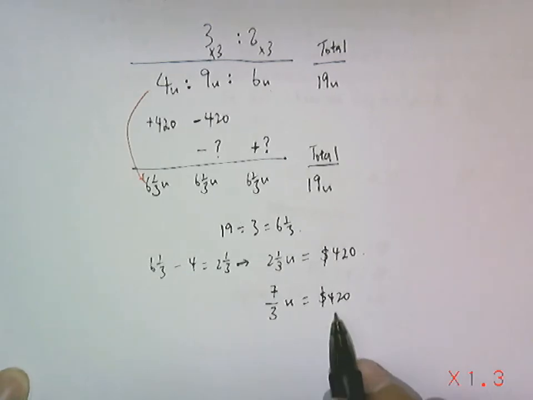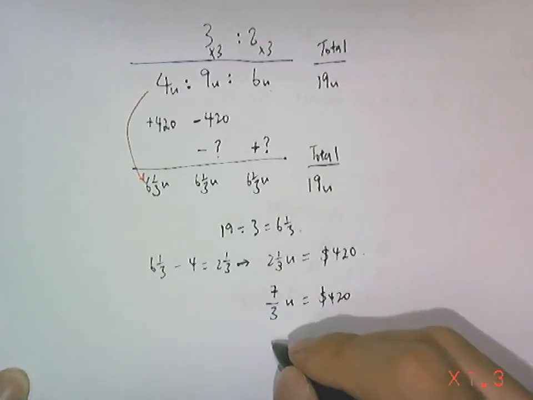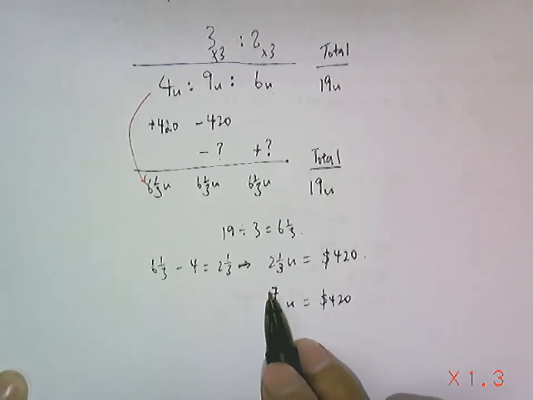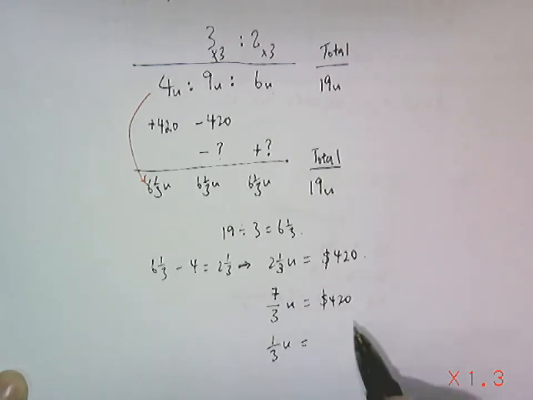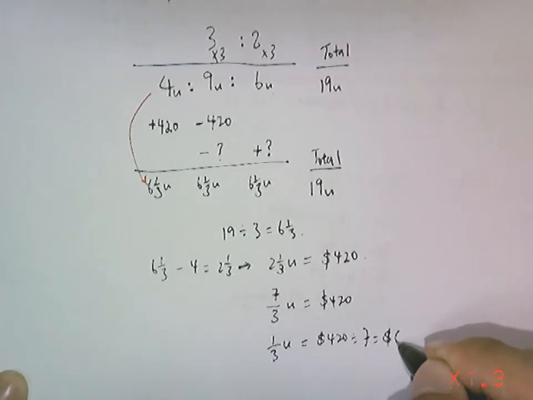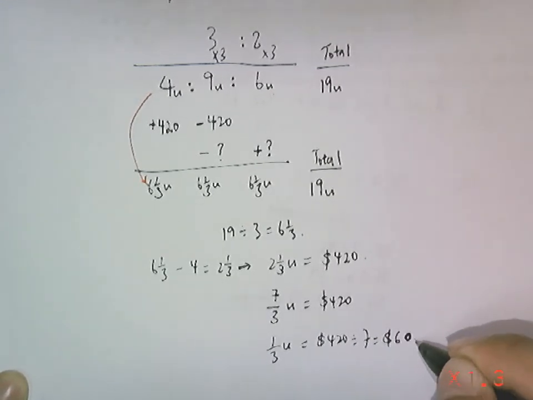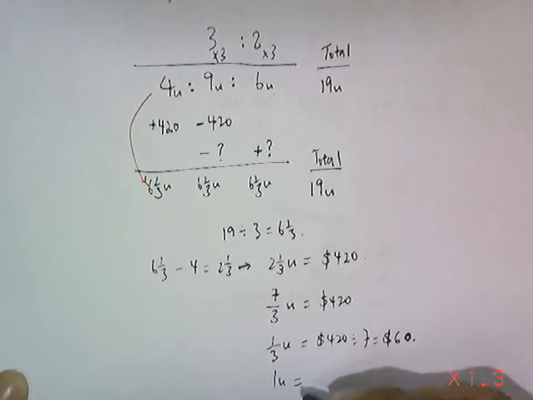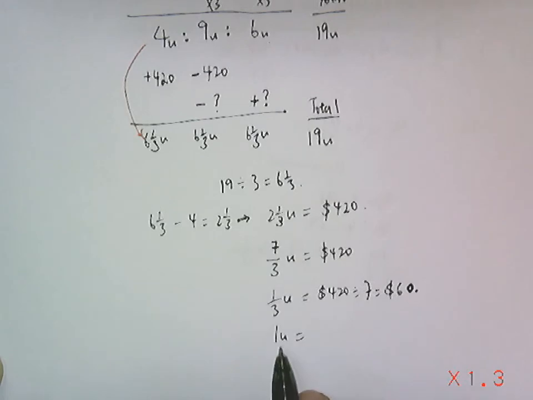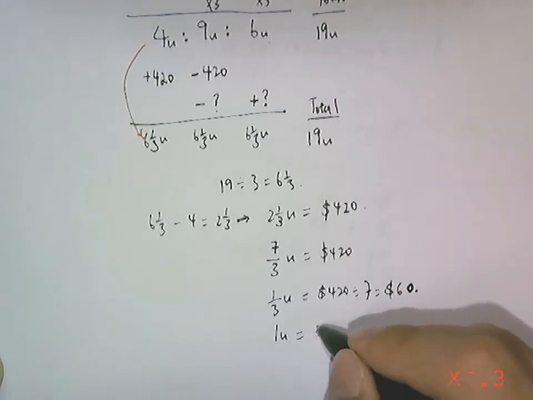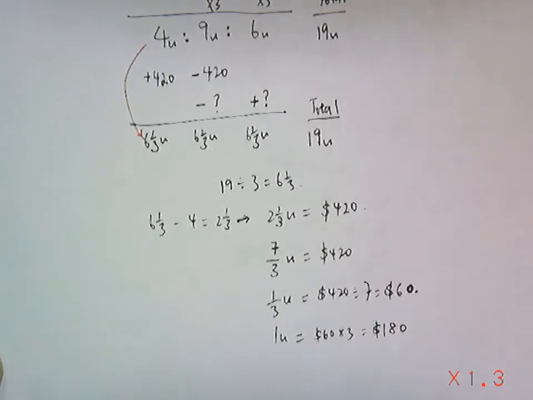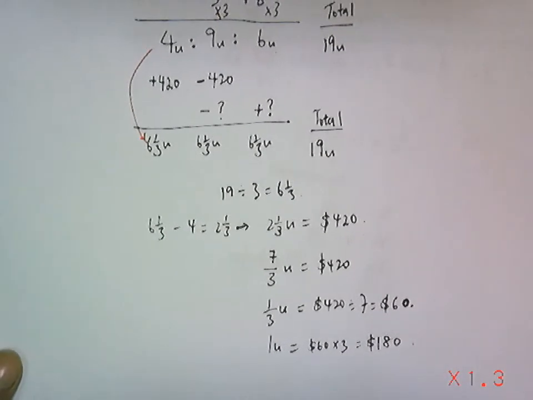Since 420 can divide by 7, I'm going to find 1/3 unit first: 420 divided by 7 is $60. One unit would be 3 times 1/3, so 60 times 3. 1 unit represents $180.